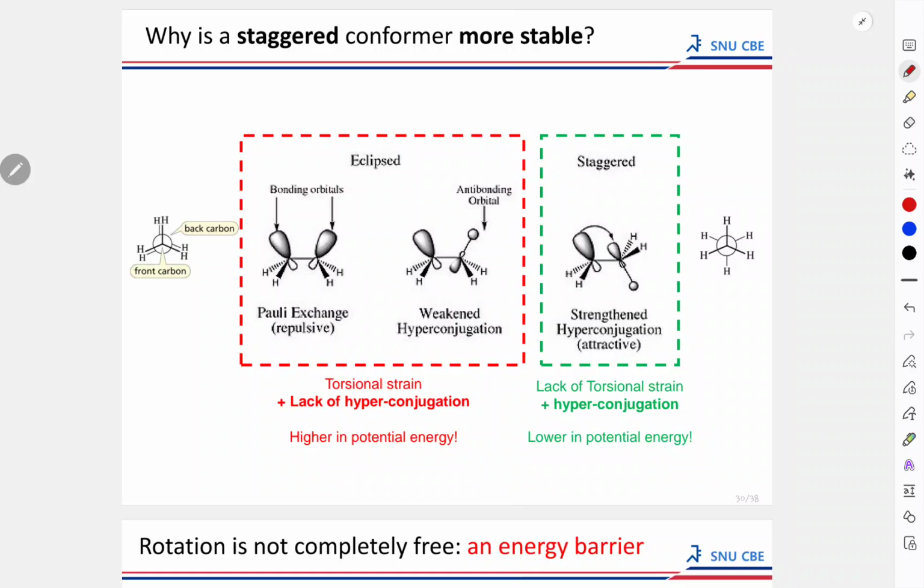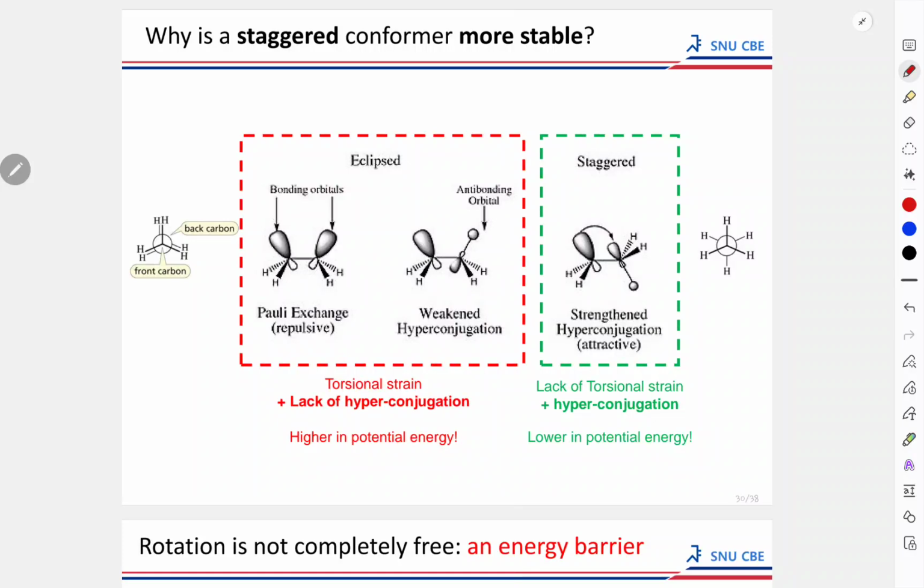So this is again the side view of the ethane molecule. The bonding orbitals are there, here, and there, and the anti-bonding orbitals are sitting here and there. If this is the anti-bonding orbital, this is the C-H bonding orbital. They are too far, so you cannot expect to accommodate the desirable amount of hyperconjugation.